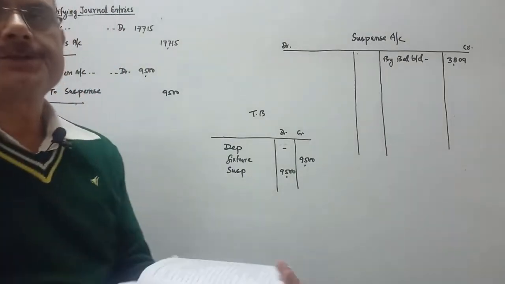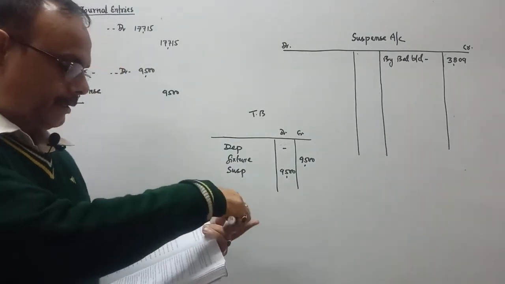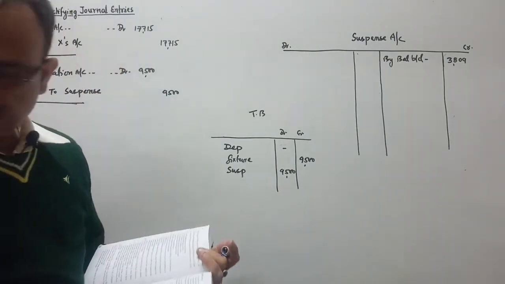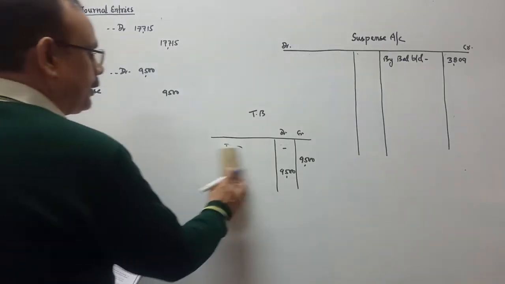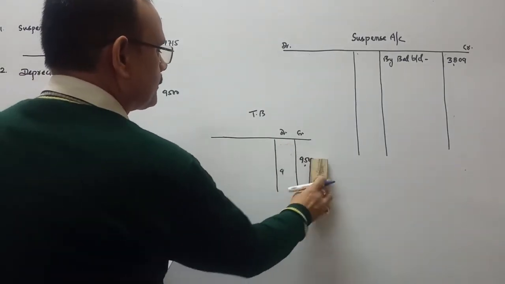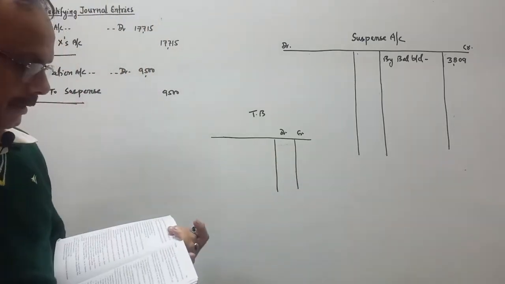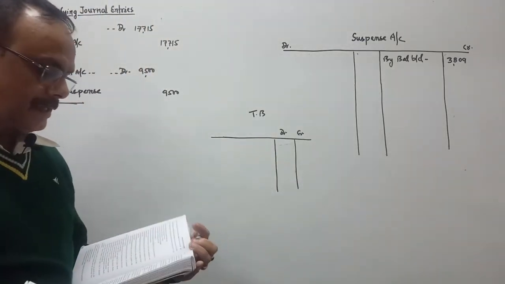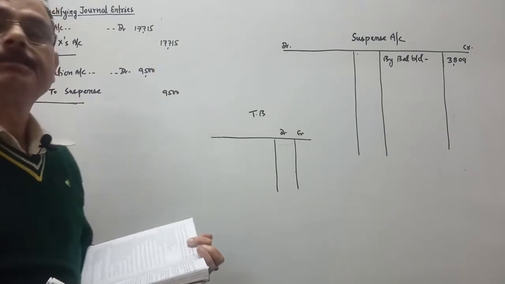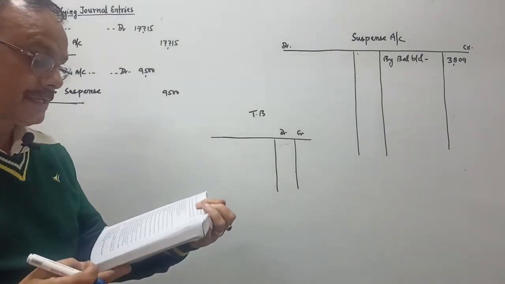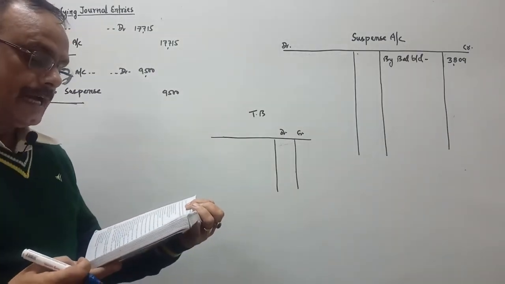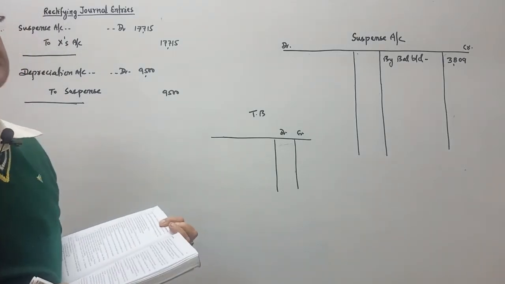Now come to the next error. Error number 3. Rupees 1,50,000 paid for furniture purchased has been charged to the ordinary purchase account.